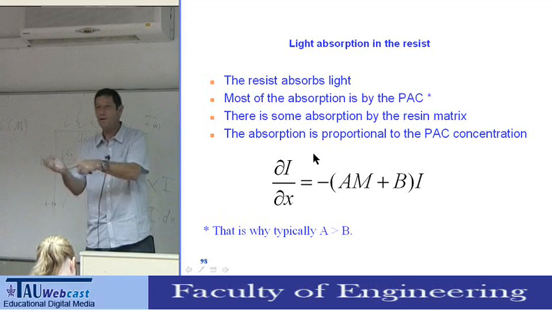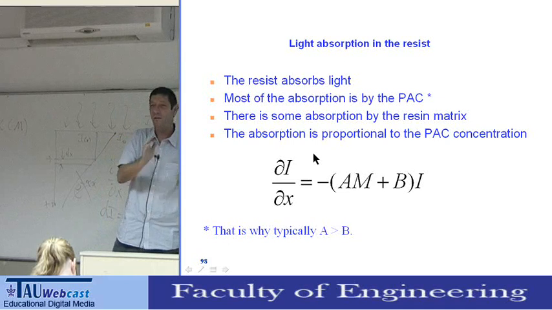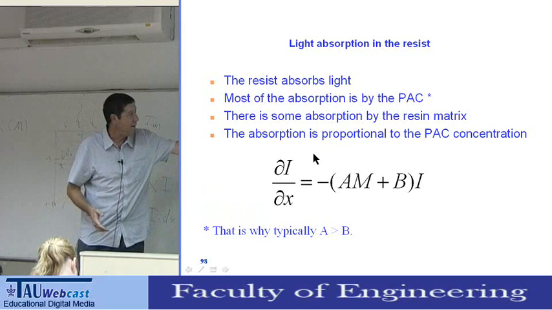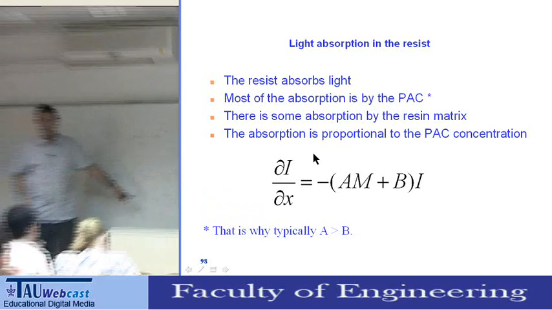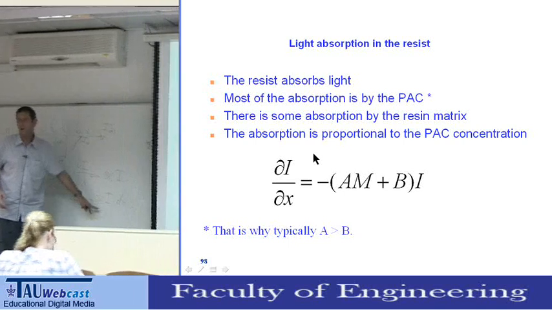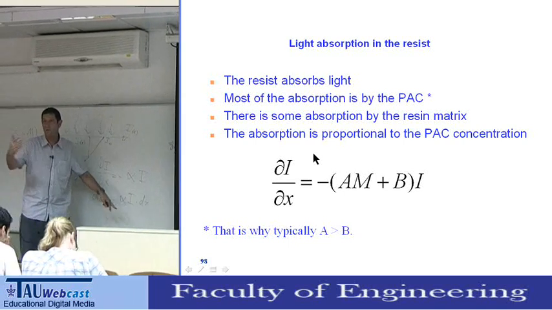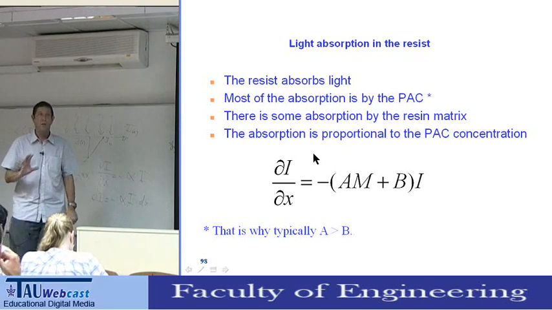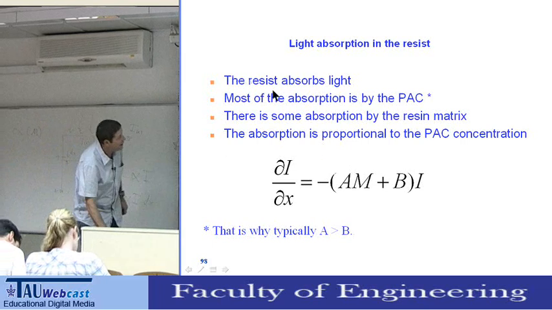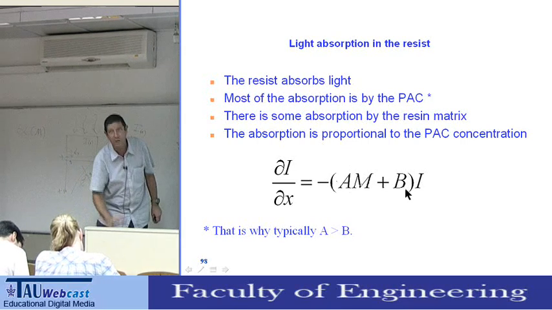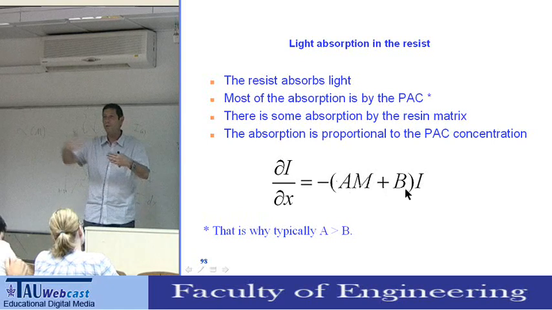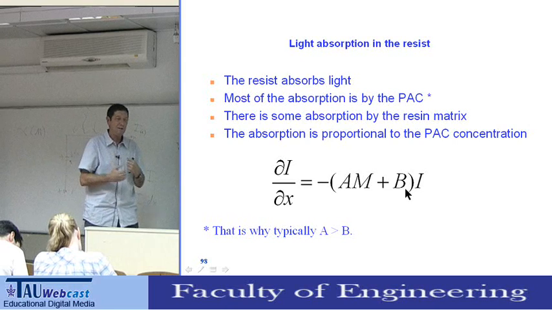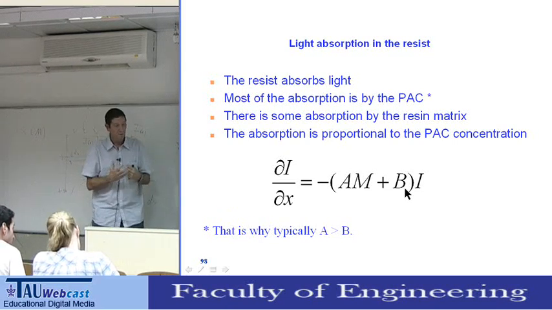But M is also a function of I. And since I is a function of x and time, M is also a function of x and time, and we get that alpha is also a function of space and time, and alpha is a function of M. The good news is that normally you can express alpha as a linear combination, A times M plus B. You know that every function we can develop into a Taylor series, so you can take the first order term. But it's actually very important to understand.